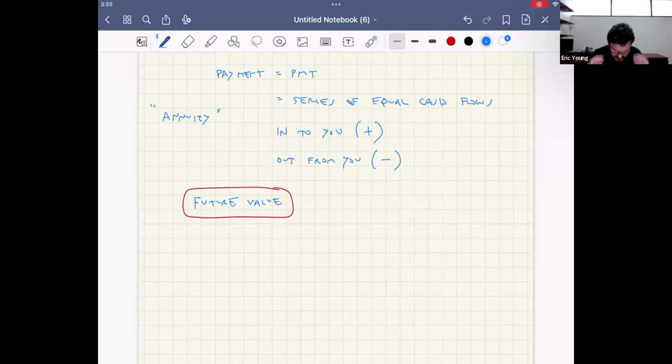Future value asks, how much will a lump sum of money that you have today be worth at some point in the future? You have a certain amount of money today. You invest that money or you set it aside for a certain amount of time at a certain interest rate. How much money will it be worth in the future?